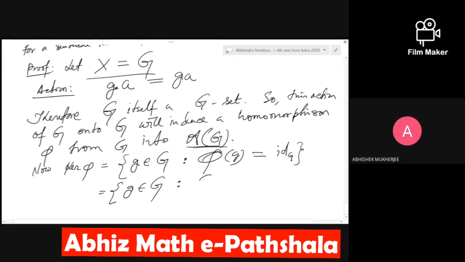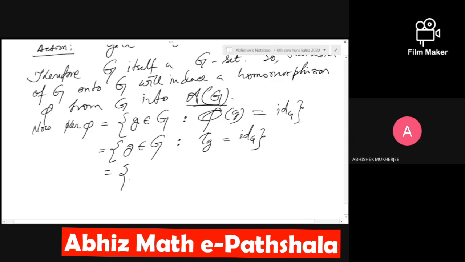That is, tau g equal to identity map on G. That means the set of all g belonging to G such that tau g of x equal to gx, but gx will be x because we have considered the identity map.